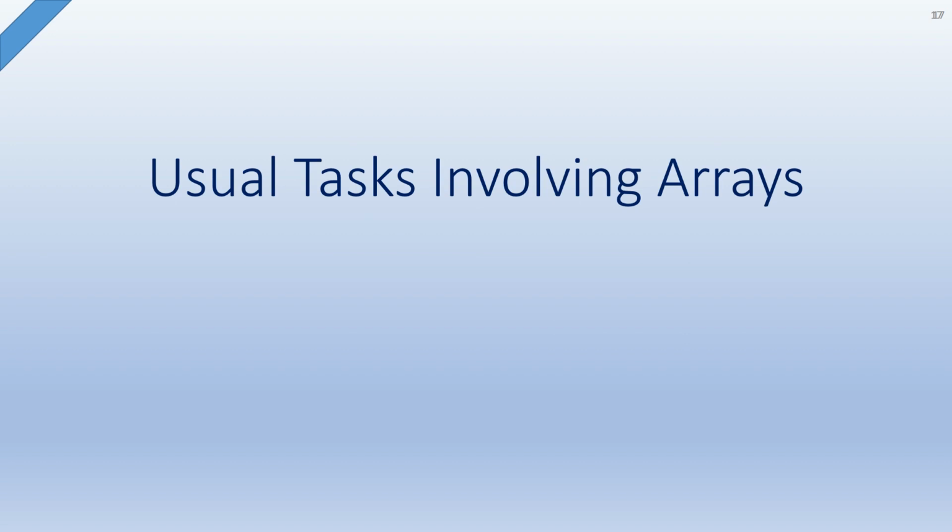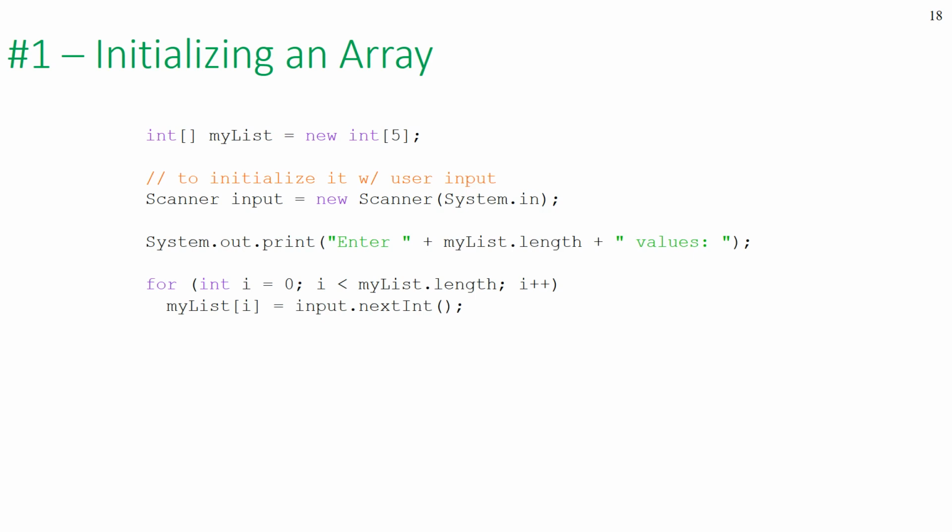So I can check that real quick. No? Okay. Is it something that I've seen, like a counter control loop, a sentinel control loop? Is that something that I've done in an exercise, like summing all the values in an array like we just saw? Well, that's exactly what we're going to look at. We're going to look at little tidbits of programs. It's not an exhaustive list of everything you can do with an array, but they are going to show you the base operations that you can do on an array.